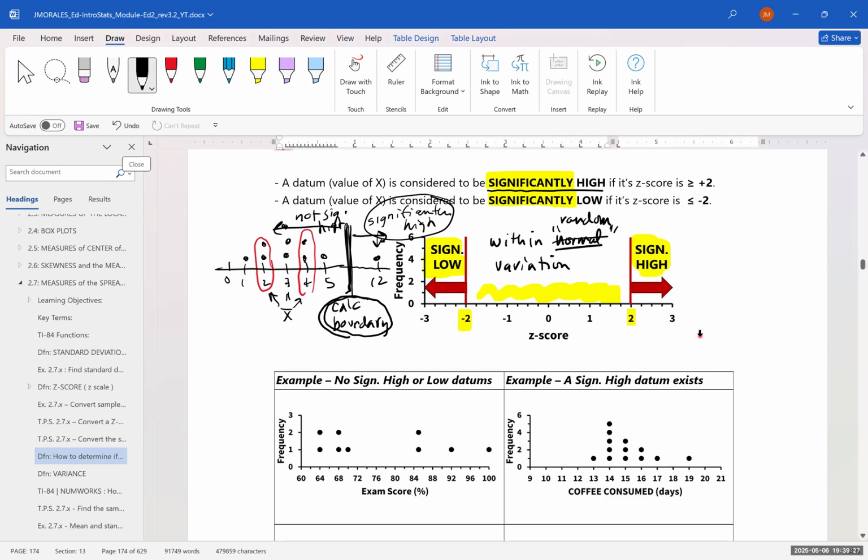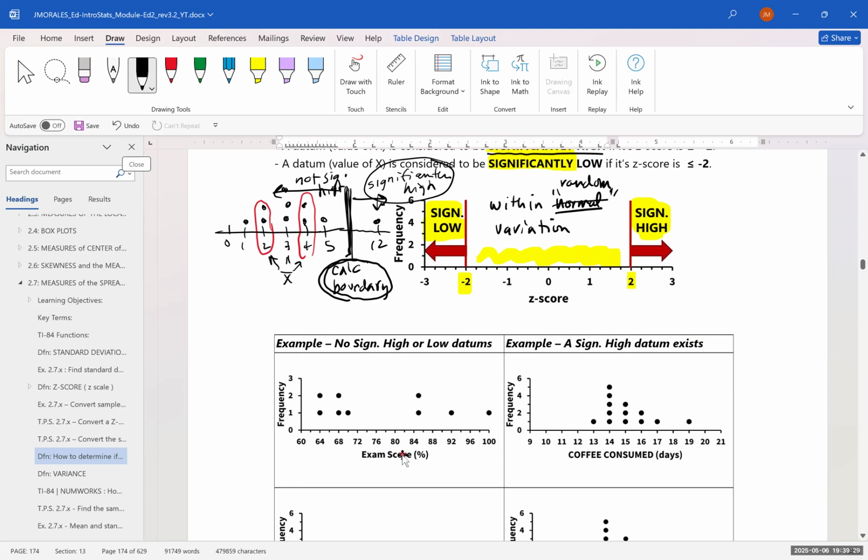So let's look here at exam score percentage and coffee consumed in days. These were examples that we looked at earlier. If we take these datums in their respective units, we want to know, is an exam score of 100% considered significantly high, or is it simply within random variation?